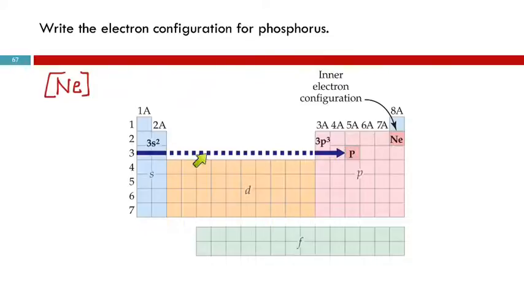And then after neon, the third shell starts to fill with the s subshell. And then there's nothing here, and we come over here, and this is representing the 3p subshell. And we've got 1, 2, 3 electrons in there. So we have 3s2 3p3. Any questions?